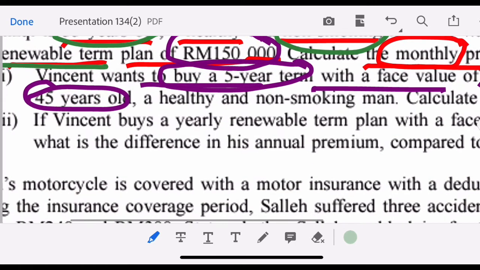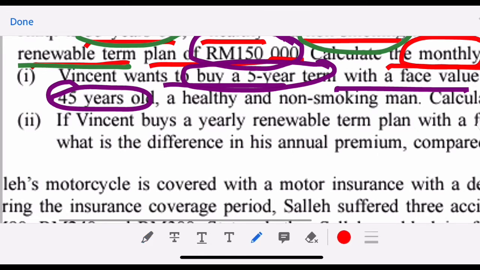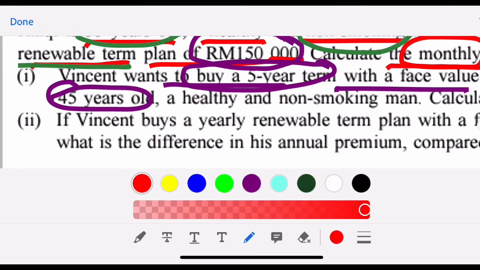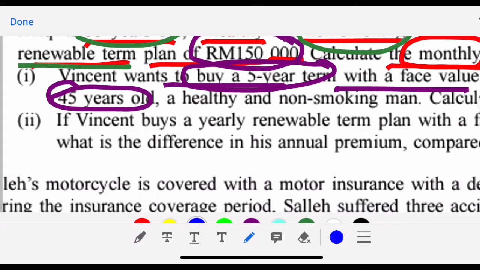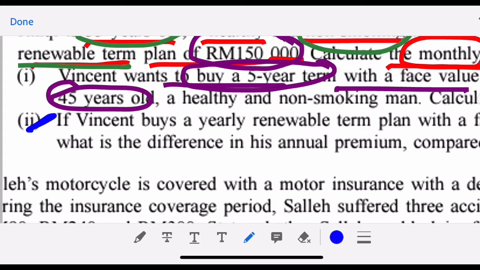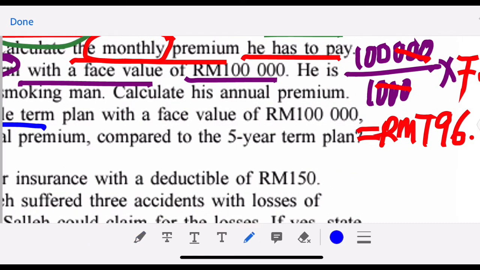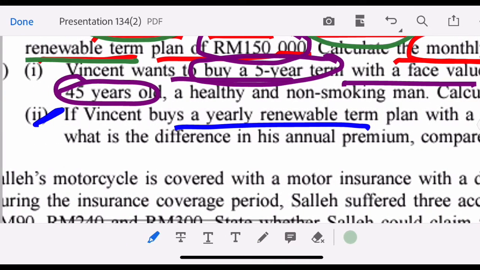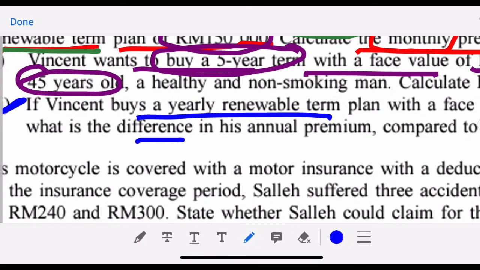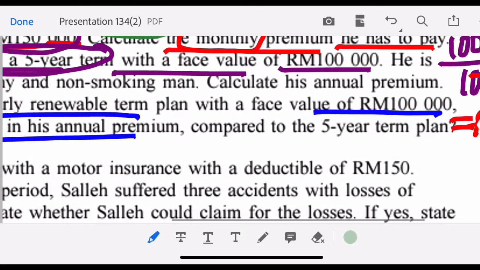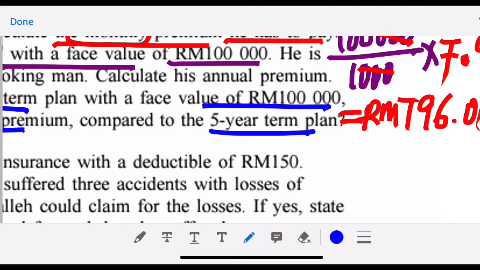Alright, so now let's proceed to another one for part 2. For part 2, the question says, if Winston buys a yearly renewable term plan with a face value 100,000, what is the difference in his annual premium compared to the 5-year term?